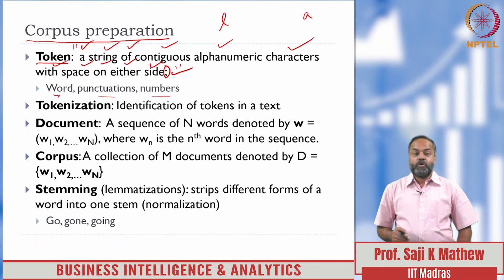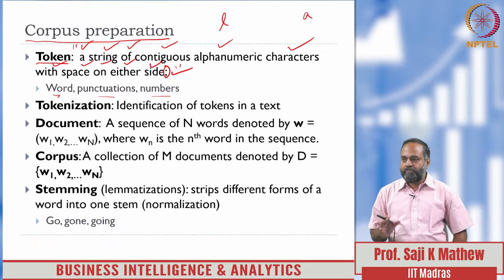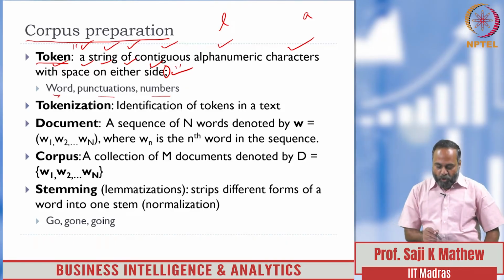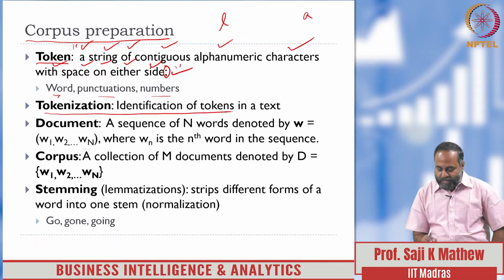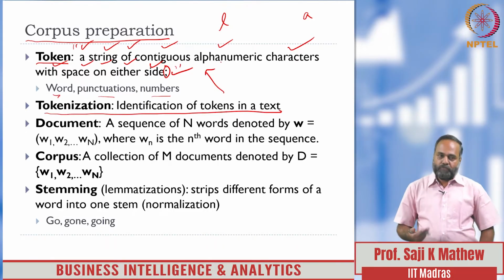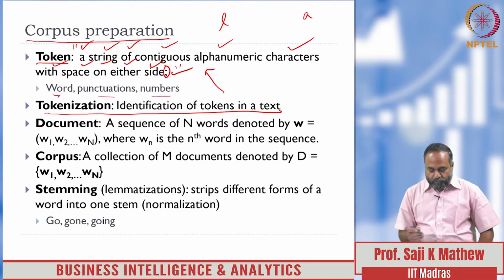So tokenization is the starting of text mining process or data preparation for text mining. Tokenization is identification of tokens in a text, that is what I did here. So of course you use functions or algorithms for doing this.